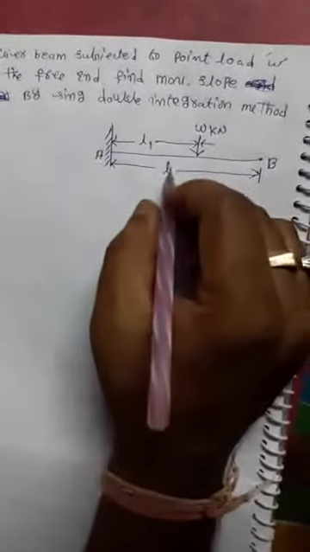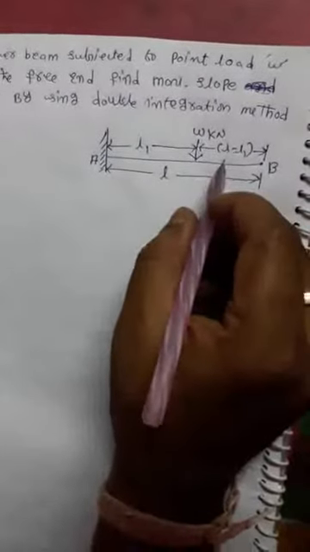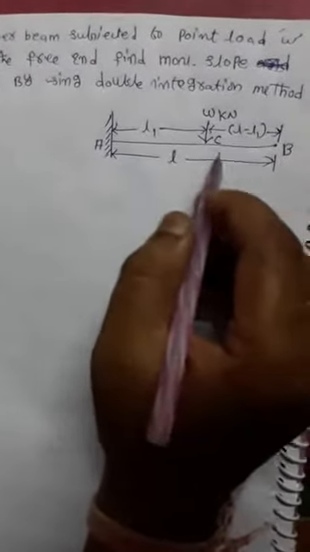The span length from the fixed end you can assume as L1, and the remaining span length from C to B is L minus L1, subtracting L1 from the total length. So the distance from A to C is L1.